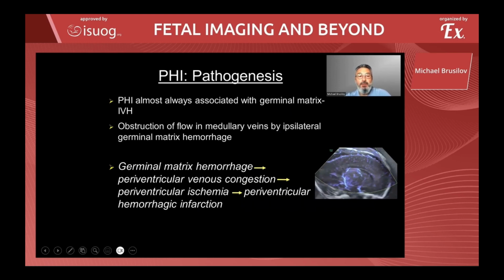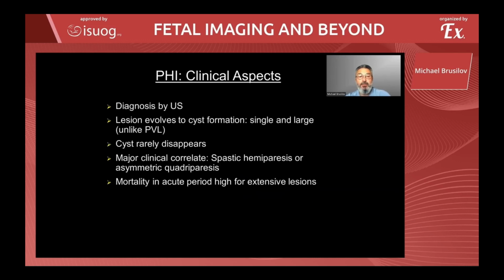PHI pathology almost always associated with germinal matrix IVH: obstruction of flow in medullary veins by ipsilateral germinal matrix hemorrhage, periventricular venous congestion, periventricular ischemia, and periventricular hemorrhagic infarction. Diagnosis by ultrasound.